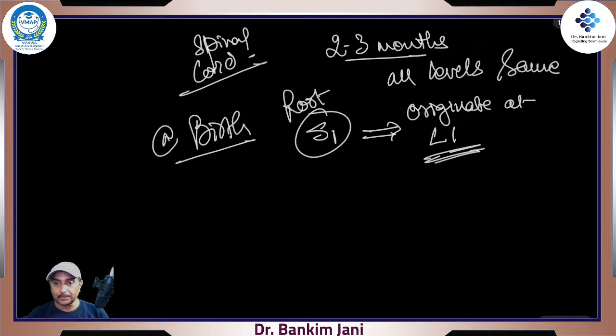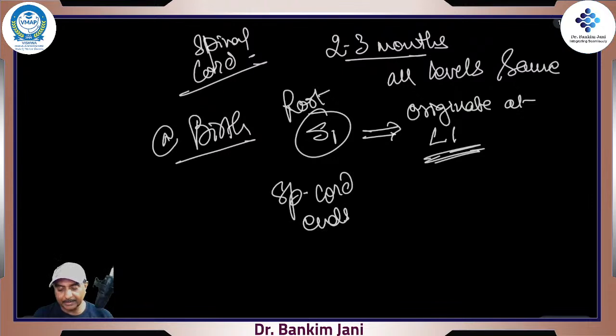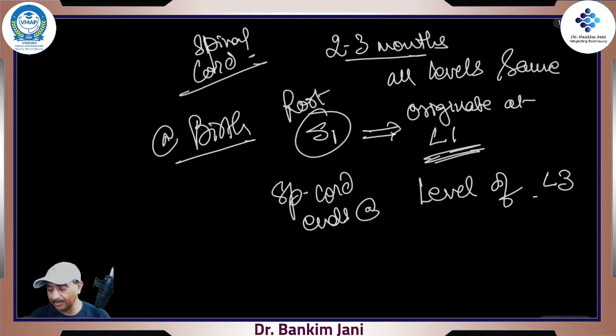Spinal cord ends at the level of L3. At the level of the L3 vertebral body, it ends, right? So that's what really happens at birth.